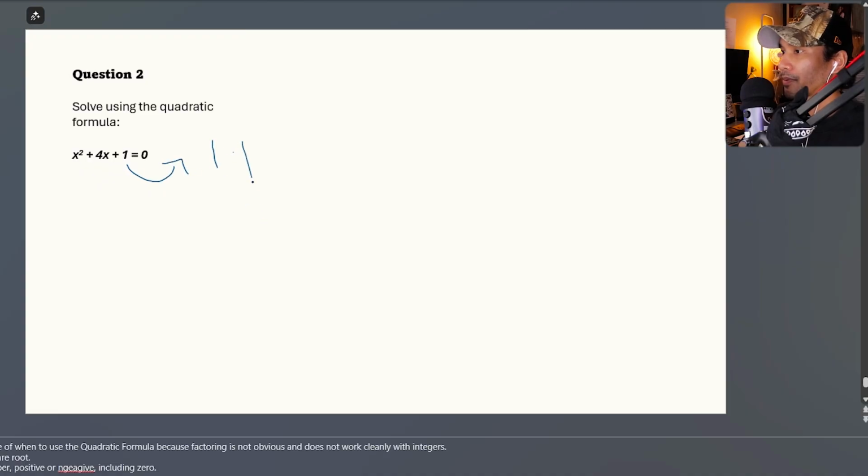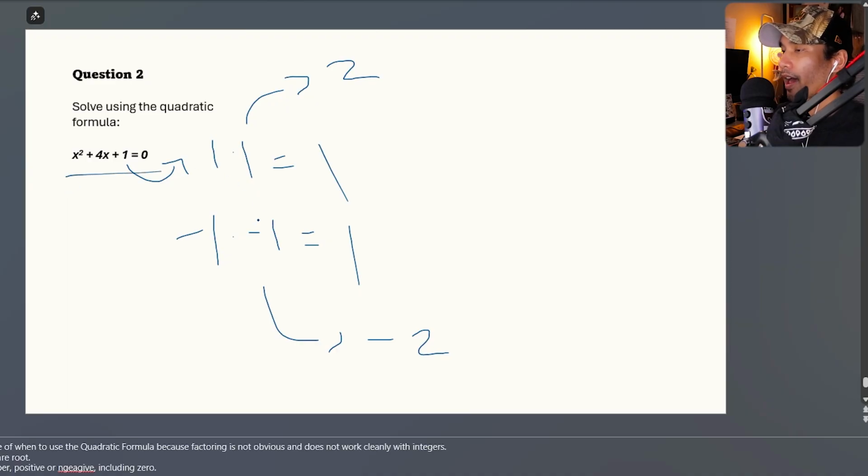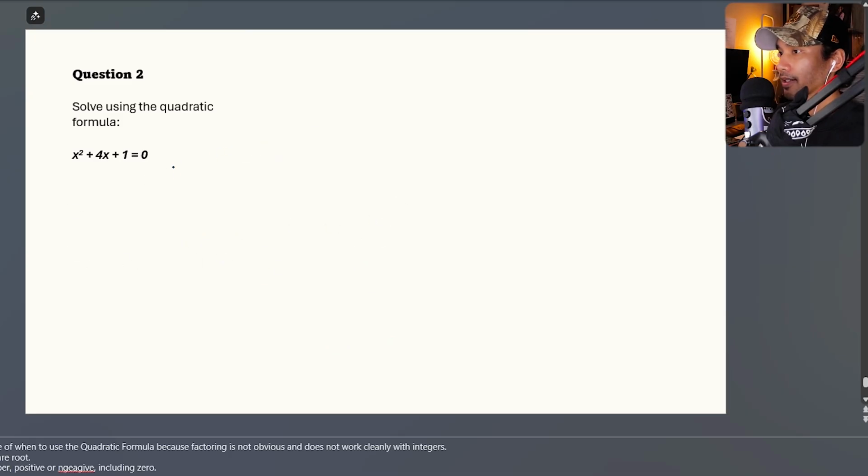So 1 times 1 equaling 1, and negative 1 times negative 1 equals 1. And then when you combine these, this will just equal 2, and this one will equal negative 2. So we can't use factoring, okay? We must use the quadratic formula. So let's go ahead and do it.